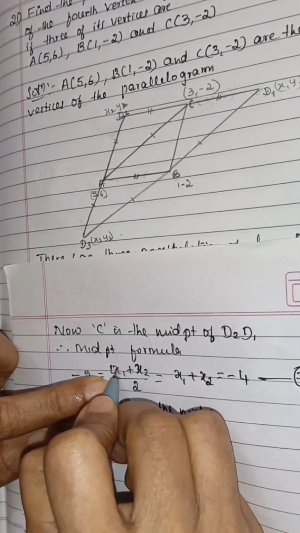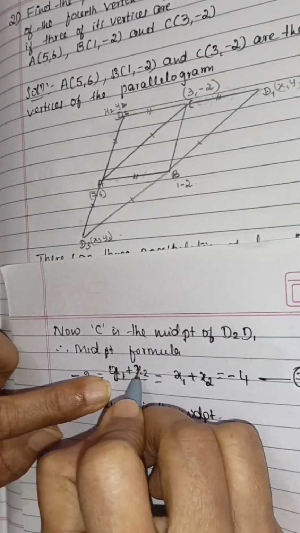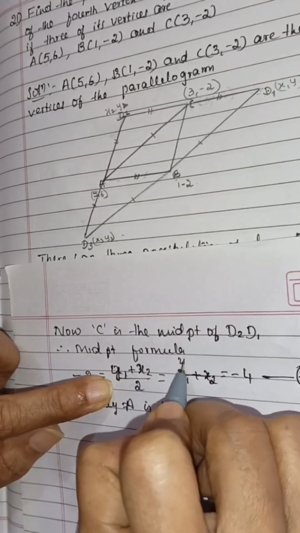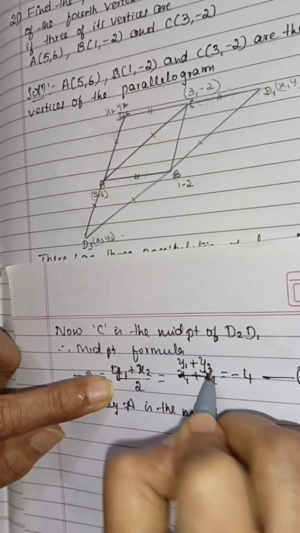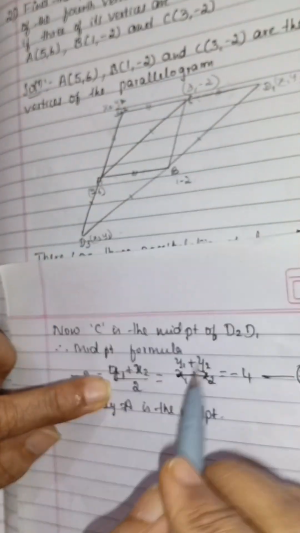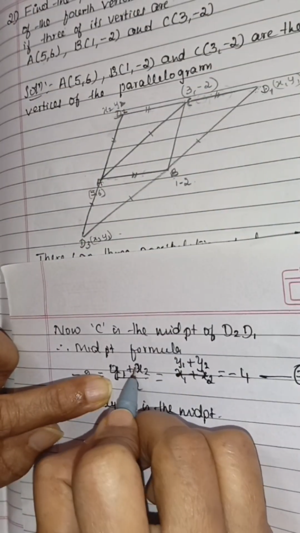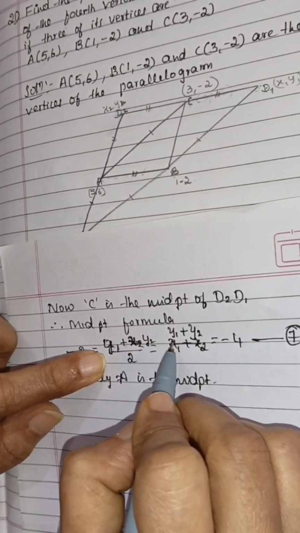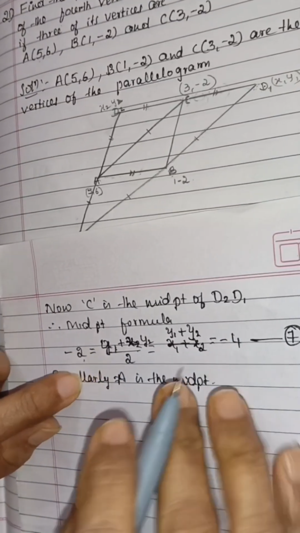I made a mistake. We are taking the y coordinate, no? So this should be y1 plus y2, and y1 plus y2 is minus 4.